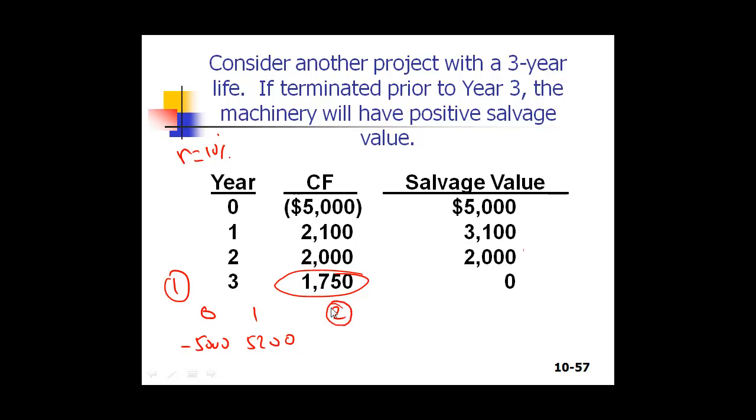In option 2, you use the machine for 2 years. Next to Farhad is Shoaib. What's your cash flow for year 0, year 1 and year 2? Minus 5,000, 2,100. Then 4,000. Does everybody understand? Ali Raza, do you agree with these numbers?